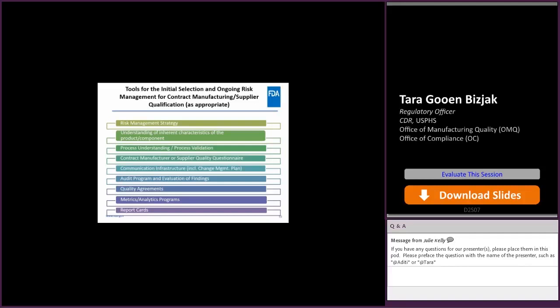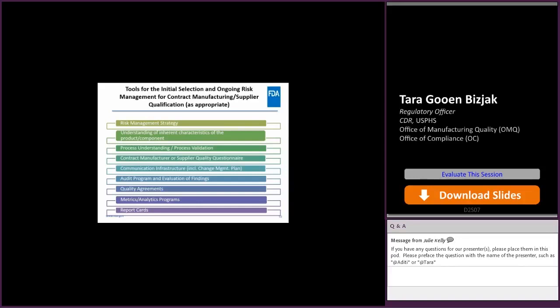Some of these are going to be appropriate, some might not, but for example, having an overall risk management strategy, so identifying what is important, what should be done, how often audits should be done, that overall approach when we're going to decide that that facility is a good partner for us, and the decision points along the way.